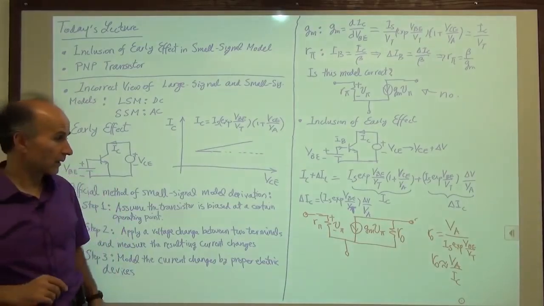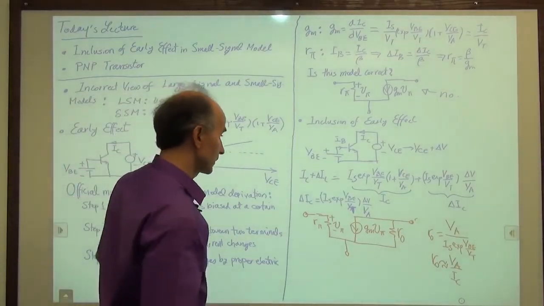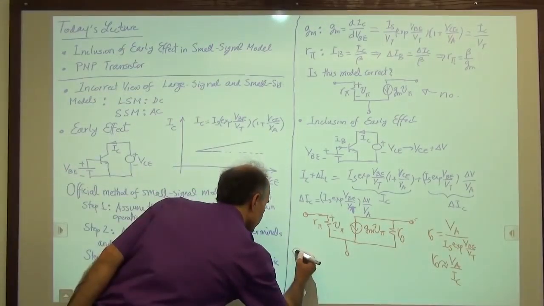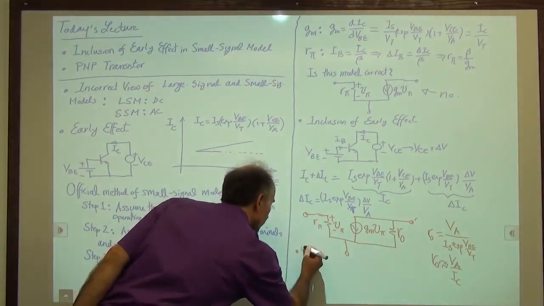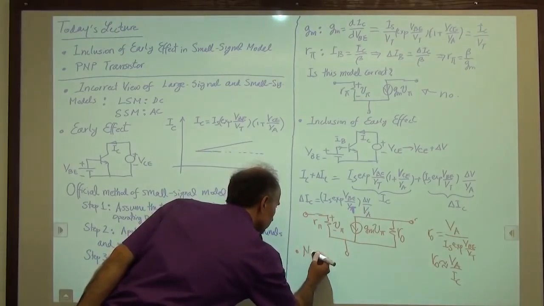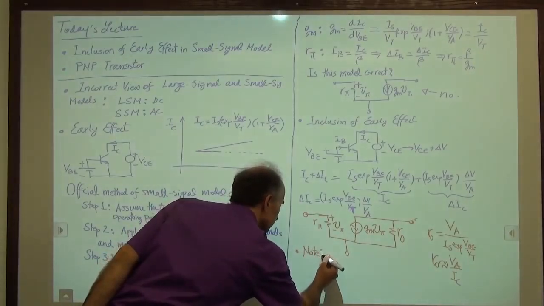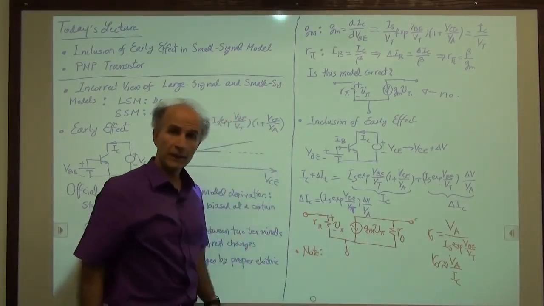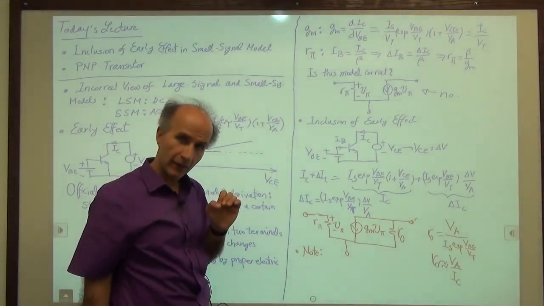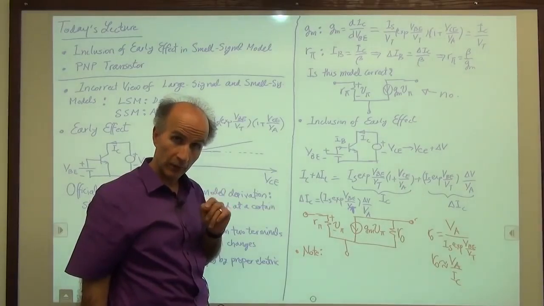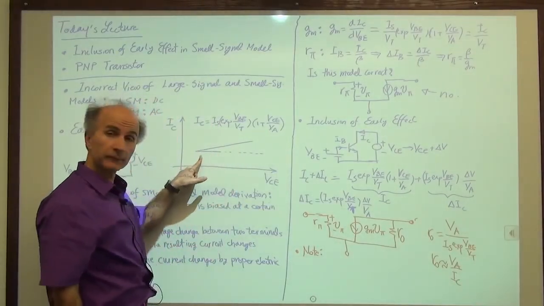Let me just see what else we need to cover here. Okay, so I'll just add another little note here. Let's try to plot IC as a function of VCE, like we did before.